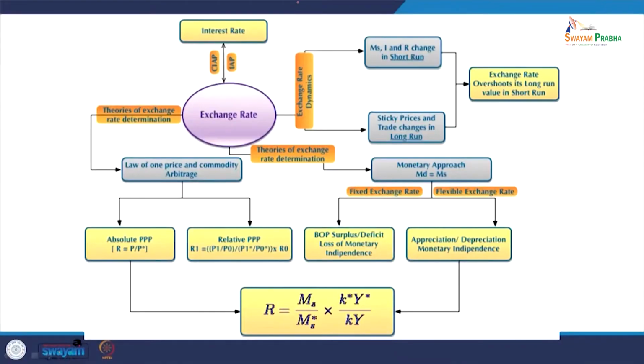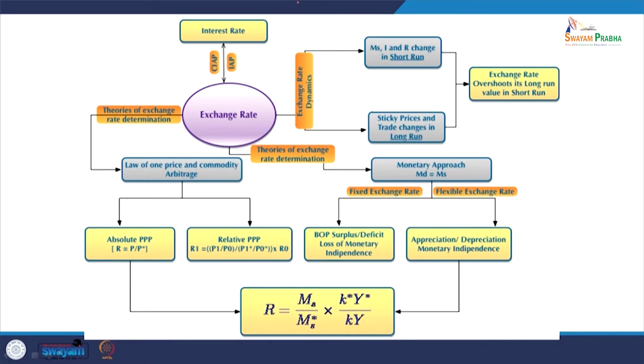Then some aspects like exchange rate overshooting, its long run value and short run value. Then there is the connection with fixed exchange rate and flexible exchange rate, and how monetary and fiscal policies are effective, which we will emphasize in due course of our lectures.